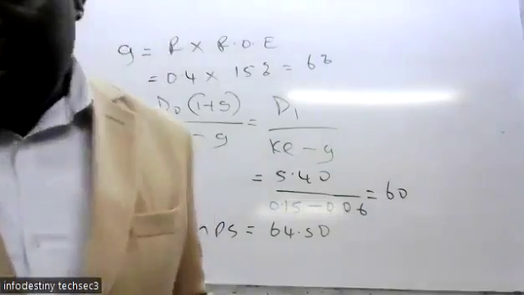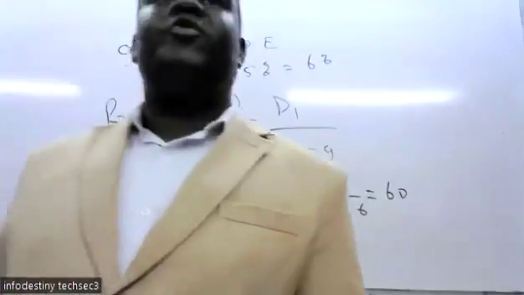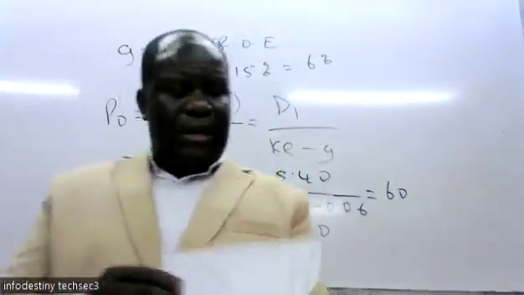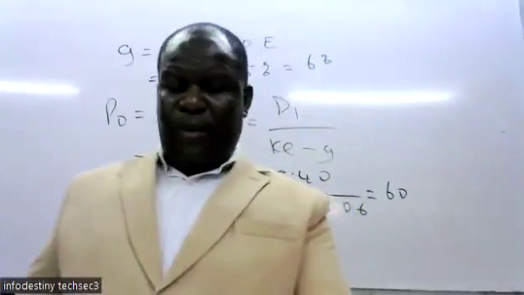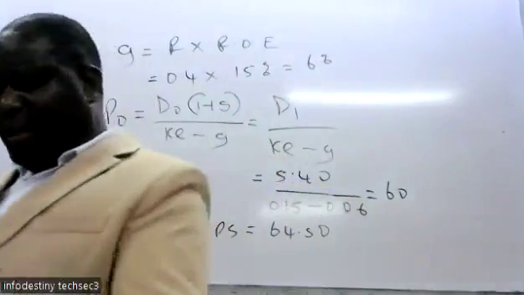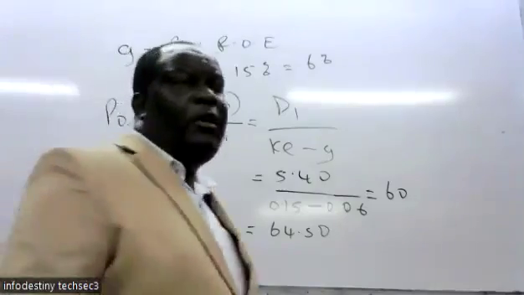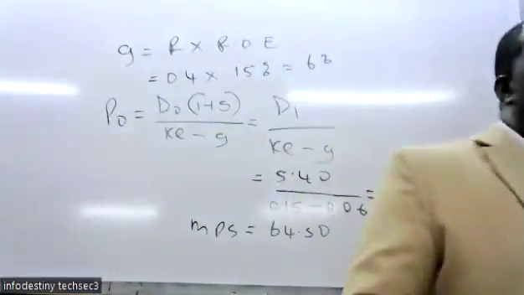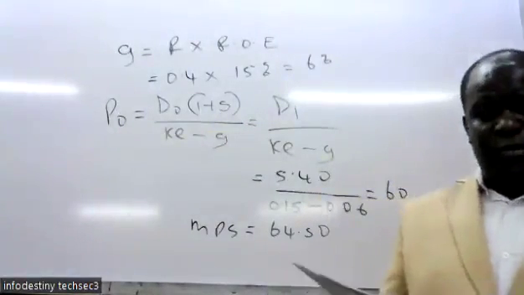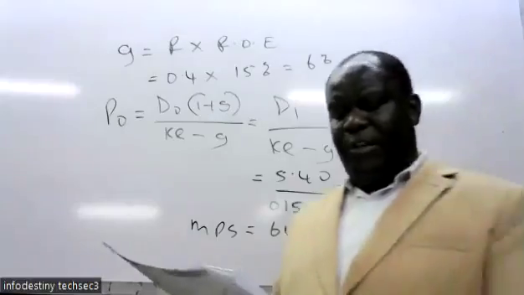So for the Gordon model, I want you to go to the handout, to page 10. It starts from page 9. Are you able to see page 9, where they have given you something about E?